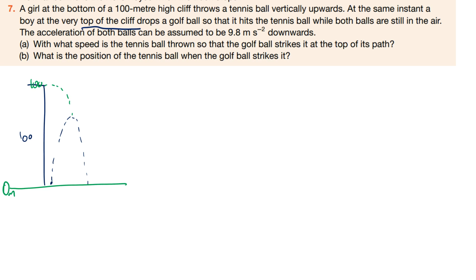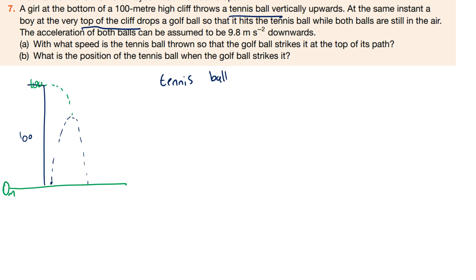Let's start with the easy one, which in my opinion is the dark blue one, the tennis ball. The tennis ball is thrown from the bottom, and we want to know the speed it is thrown at so it strikes the golf ball.